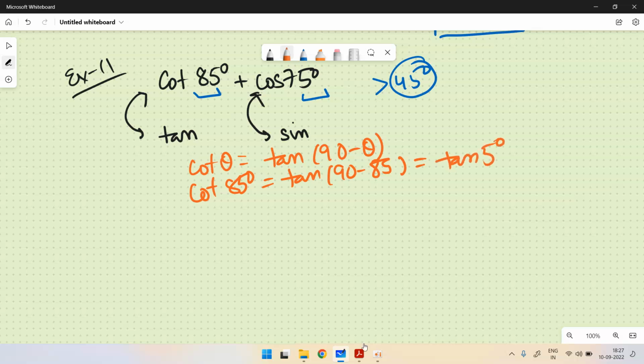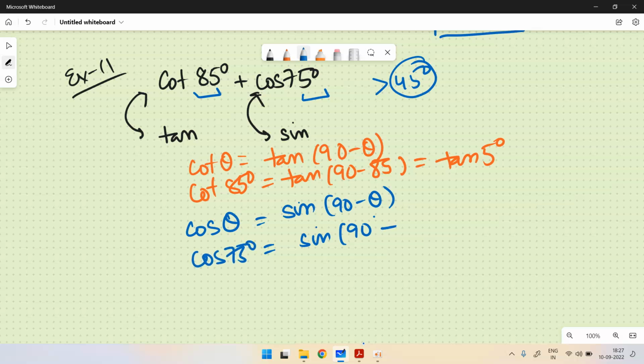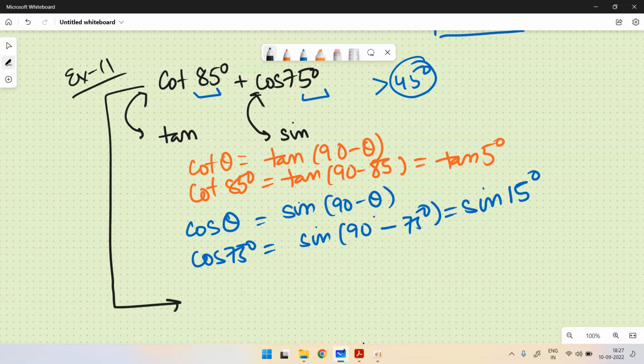Now cos theta equals sine of 90 minus theta, so for 75 degree, cos 75 is sine of 15 degree. So if you add the two, in place of cot 85 I write tan 5 degree, plus in place of cos 75 degree I write sine 15 degree. That is the answer.